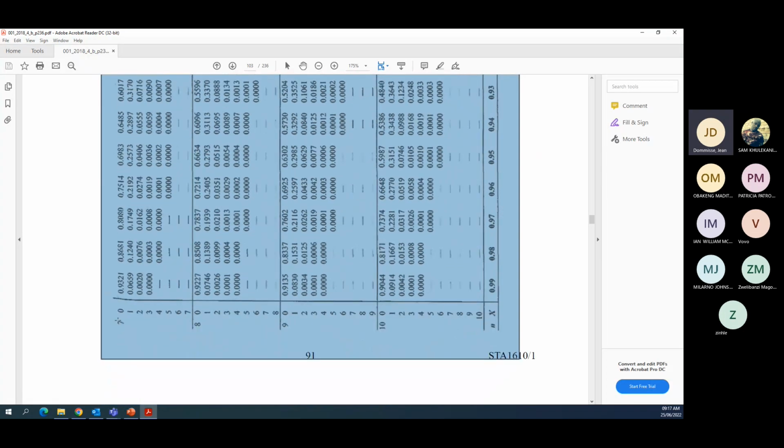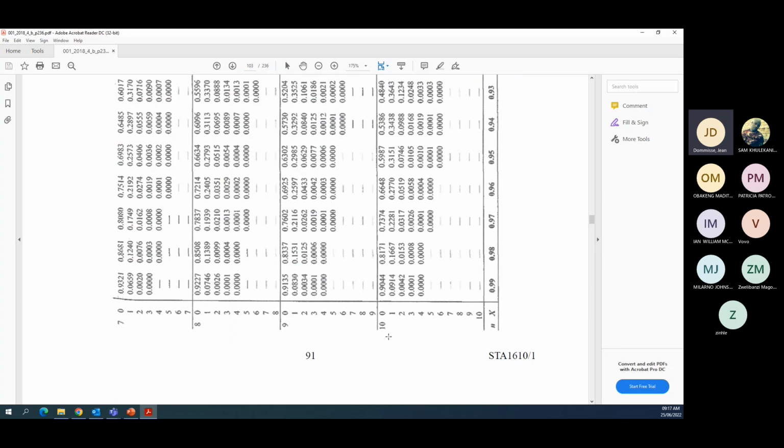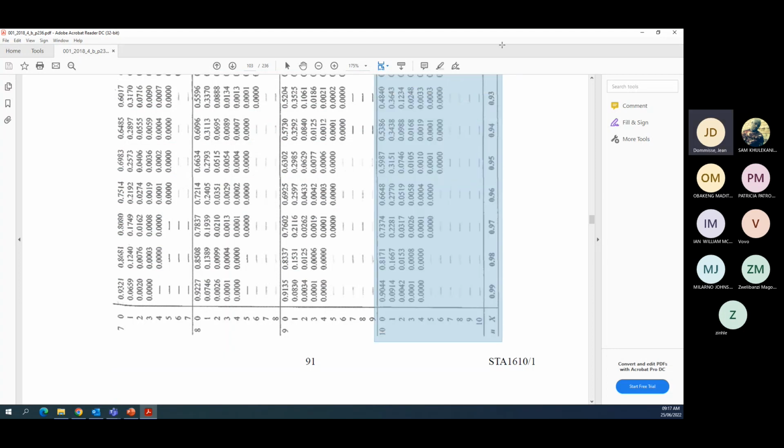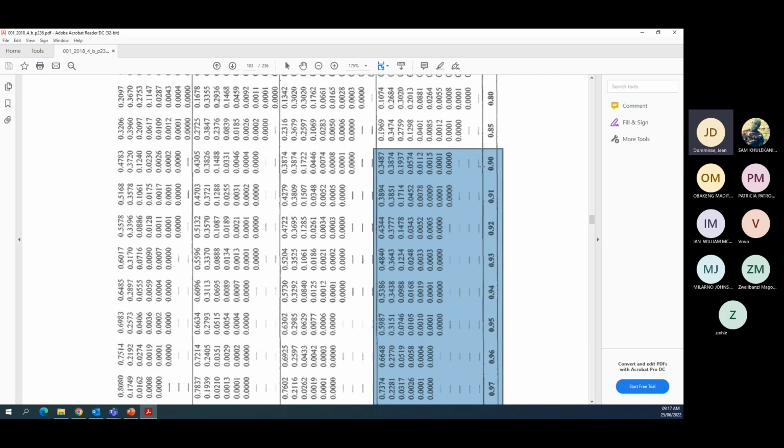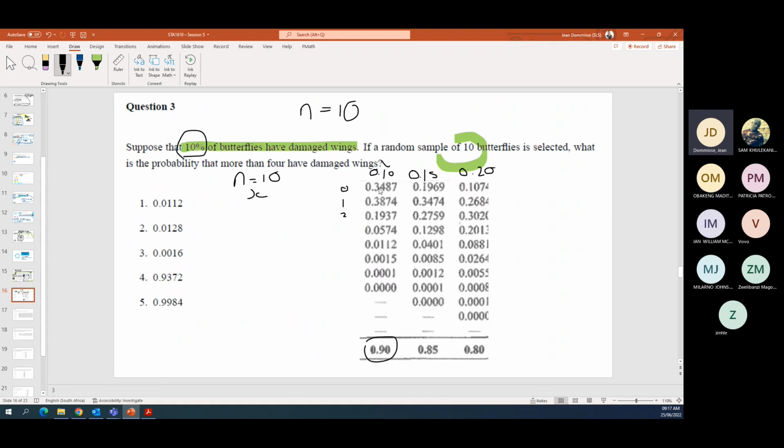That's why I've copied this part over. There was your n, there was your 90, so you would see I've copied the 0.3487 and the rest into it. So that is where I got the table.